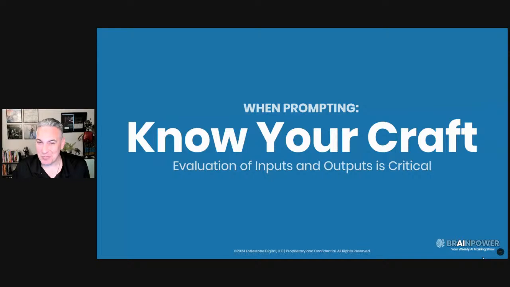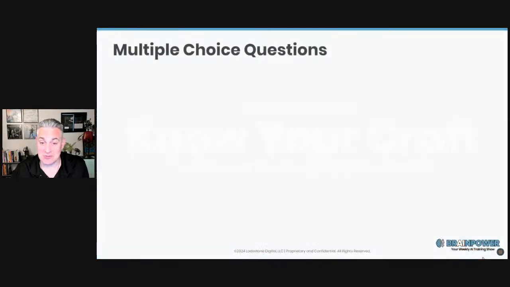So what we want to do is leverage our craft and get a better understanding of how to put multiple choice questions together. What is the process, and what is the optimal format when it comes to challenging or testing someone on their knowledge?